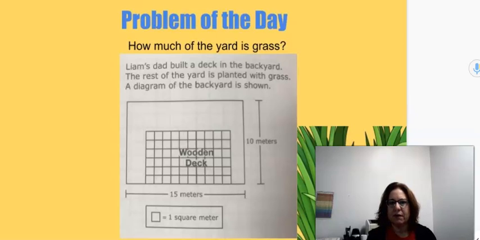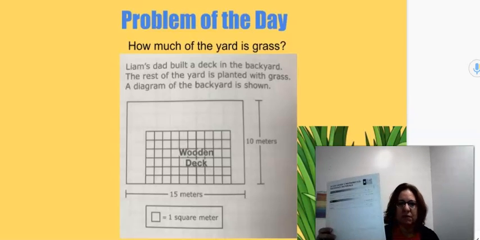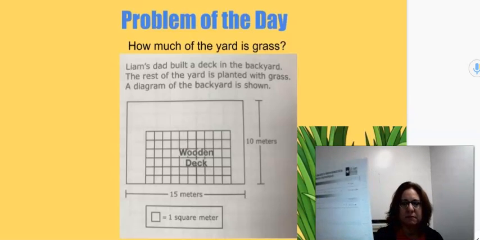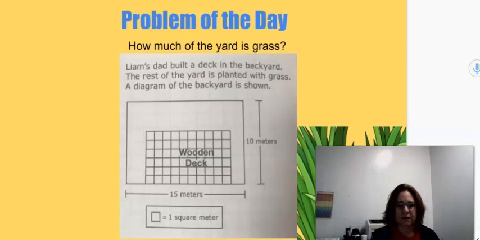All right, so we are finding area. Good job. Okay, what is the formula for area? If you don't remember, then you're going to look at your star reference sheet. We have the formula right there. Area is length times width. Okay, so we need to figure out the area of the entire backyard.